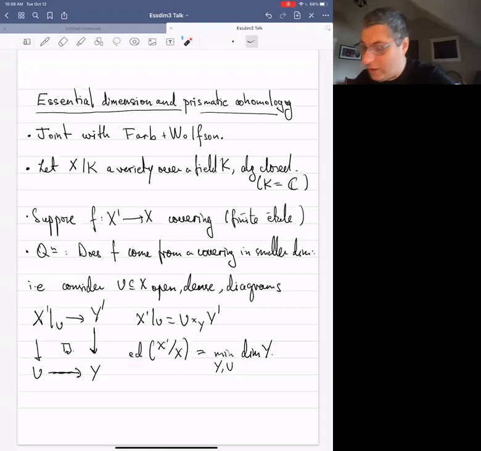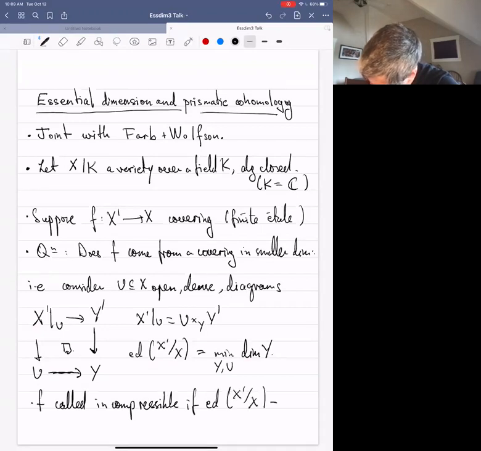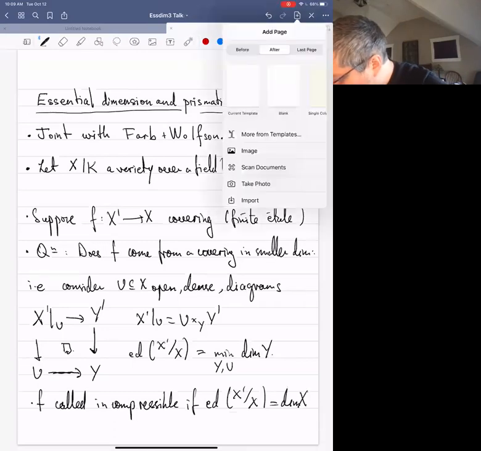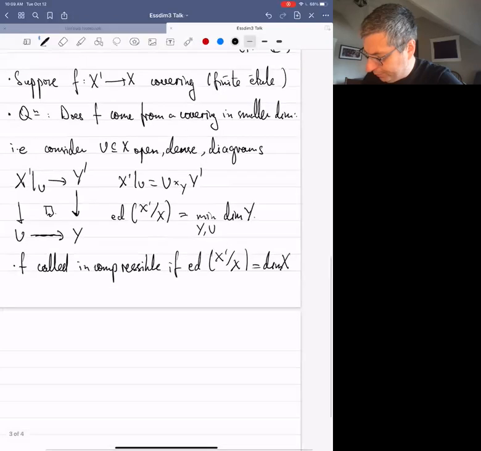That you can't get the covering from anything smaller. So F is called incompressible if this essential dimension is equal to the dimension. Okay, are there any questions about that so far?